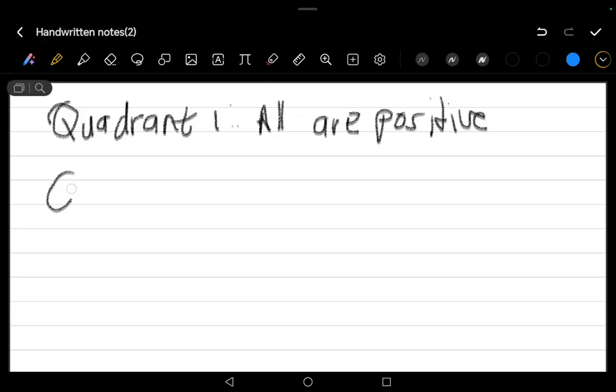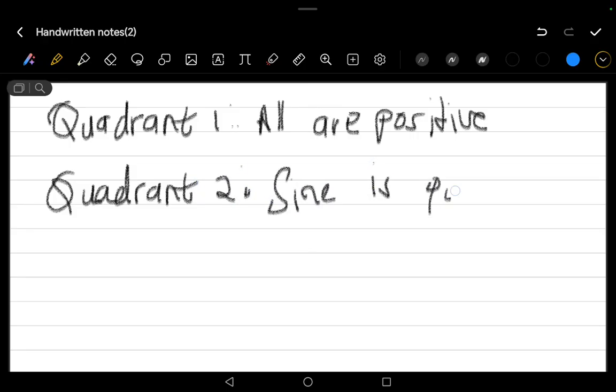Okay, and then quadrant 2, only sine is positive.